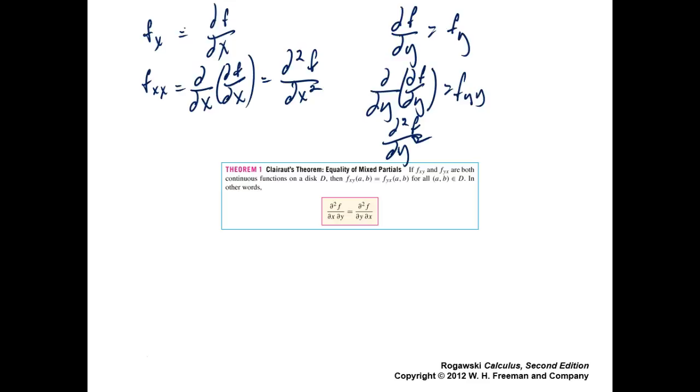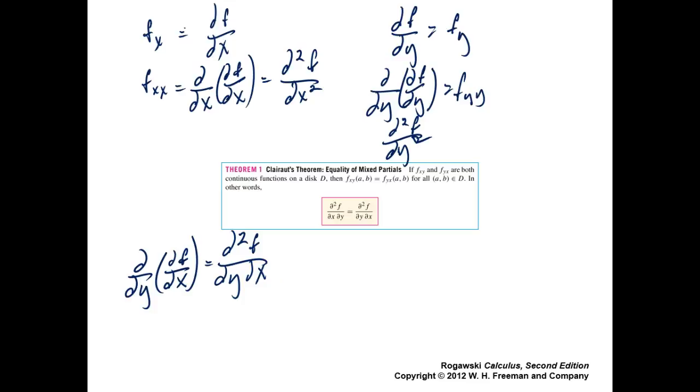But what happens if we're taking the partial with respect to y of the partial of f with respect to x? Can we do that? Yes, we can. This would be the second partial of f, but with respect to y with respect to x. And we keep them in that order.